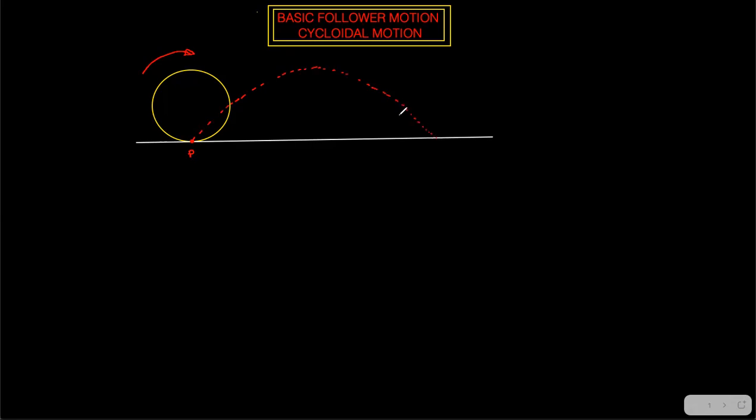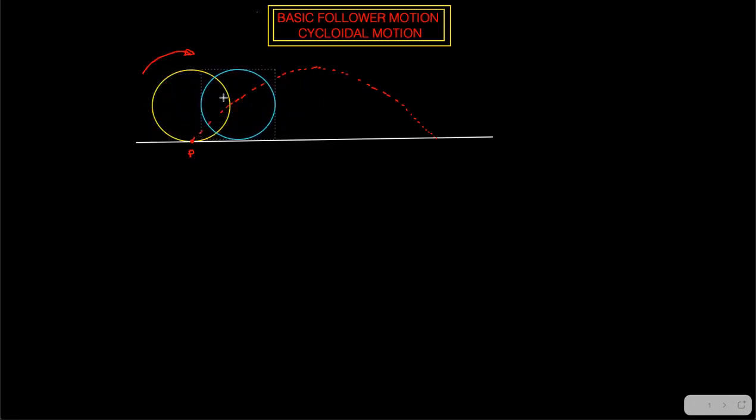So this is the path which will be followed, and this is point P. Let's assume the next position taken up by the circle, with the same size circle for proper understanding. I'm going to trace this circle and move it aside.